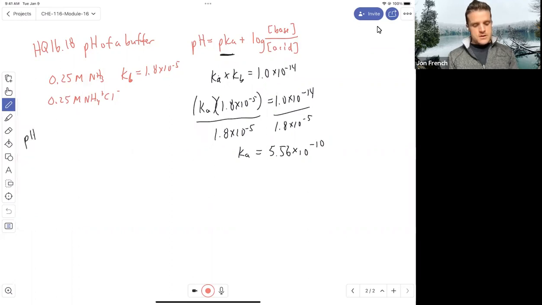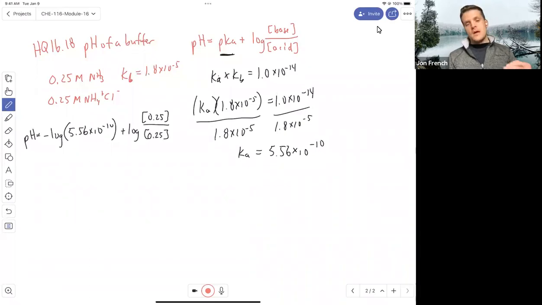All right, pH equals the negative log of my Ka, so negative log of 5.56 times 10 to the minus 10 plus the log of my base concentration. So ammonia is the base, 0.25 over my acid concentration, 0.25. 0.25 divided by 0.25, that's 1.